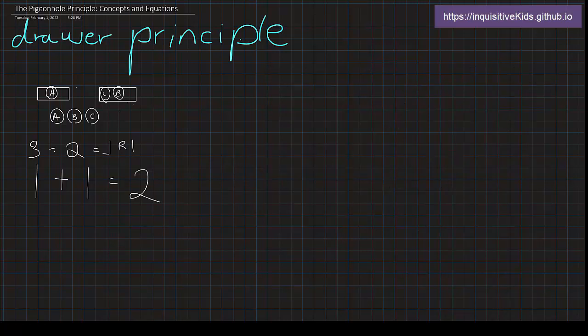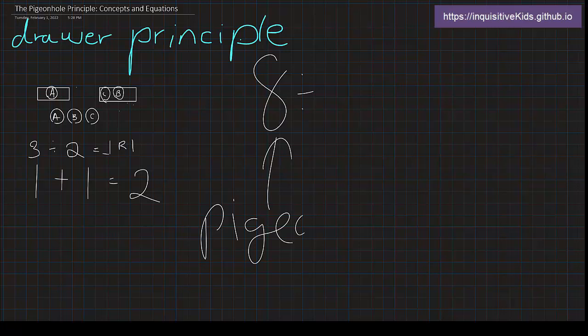Let's try another one, for example, 8 pigeons. Sorry, for the other one I said 3 pigeons, but there were actually 7 pigeons. It's just a mix-up. So this is the number of pigeons, and this is the number of holes.